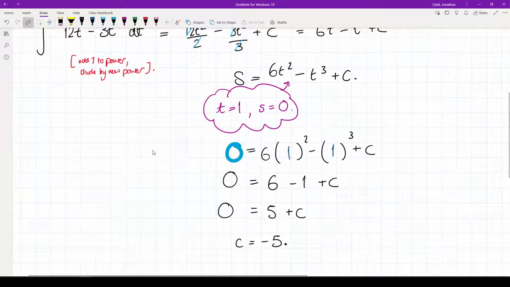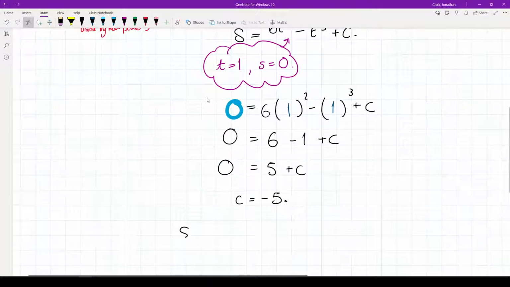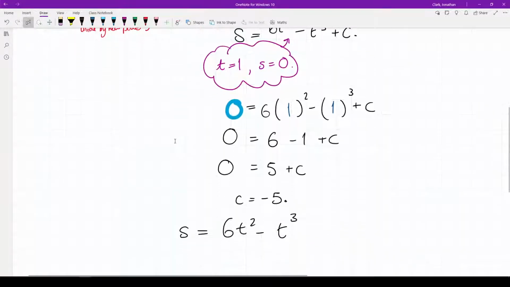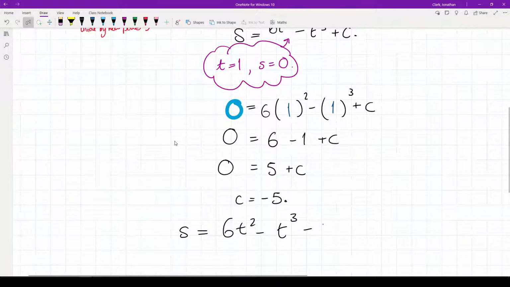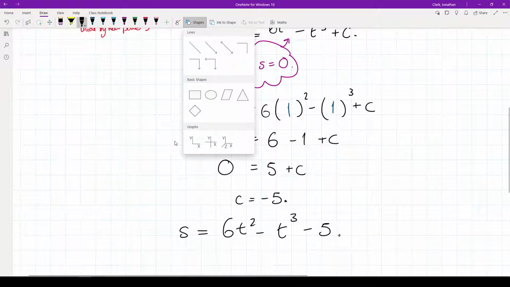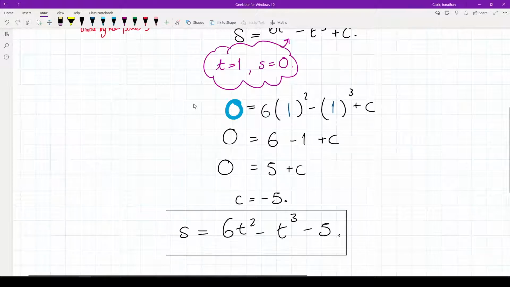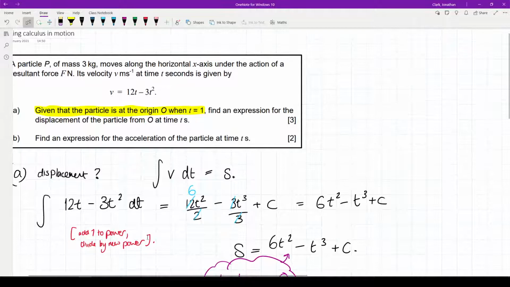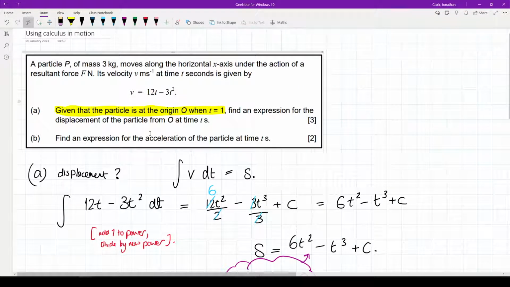Once I have the value of c, I can plug that into my displacement equation, and rather than having 6t squared minus t cubed plus c, I'm going to replace that c with -5, and I've got my displacement there. Cool. In part 2, we need to find the acceleration.